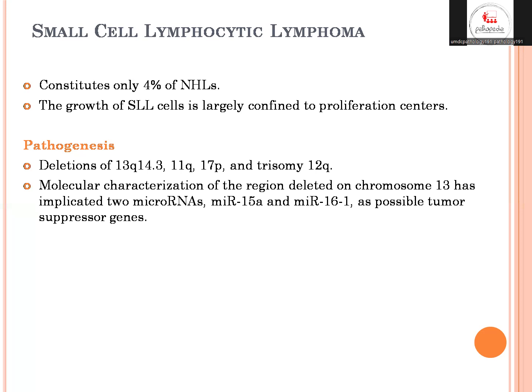Towards the pathogenesis, deletions of 13q14, 11q22, and trisomy 12 occur in small lymphocytic lymphoma. The molecular characterization of the region deleted on chromosome 13 has implicated two microRNAs, microRNA 15a and microRNA 16-1, as possible tumor suppressors.